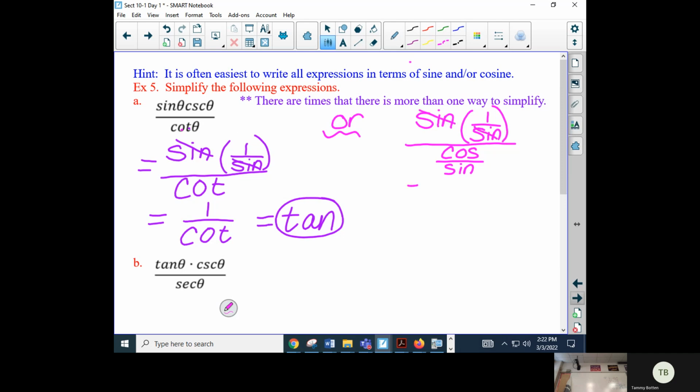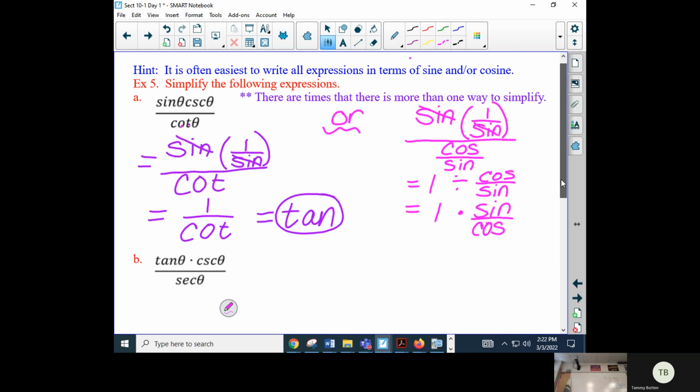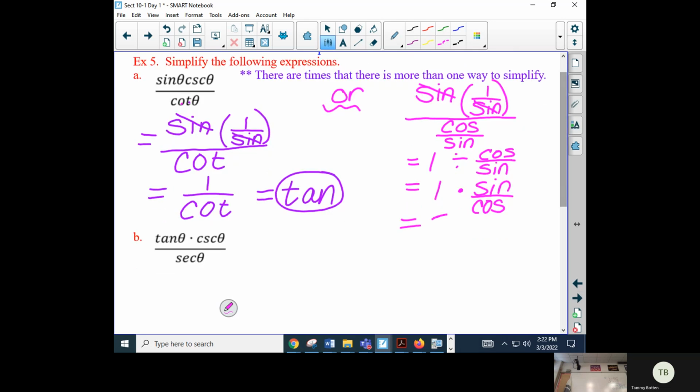So you'd get 1 divided by cosine over sine. You get that? And then it would be 1 times sine over cosine, right? So isn't that just going to be sine over cosine? Which, how can I write that? It's tan. So either way would be fine.